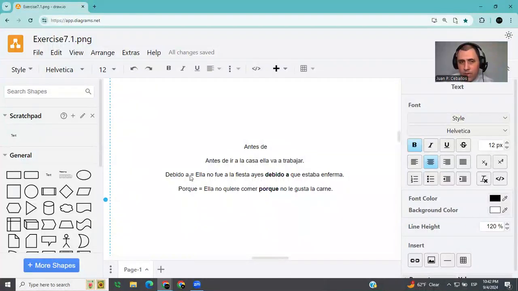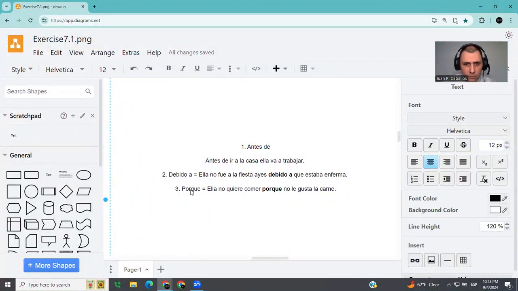Okay, so debido a is another locución preposicional, or preposition, let's call it for now, that is important and very common. So I'm going to put them here. The first one is antes de, second one, debido a.